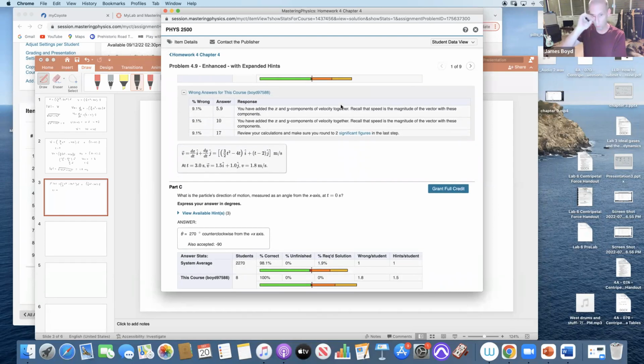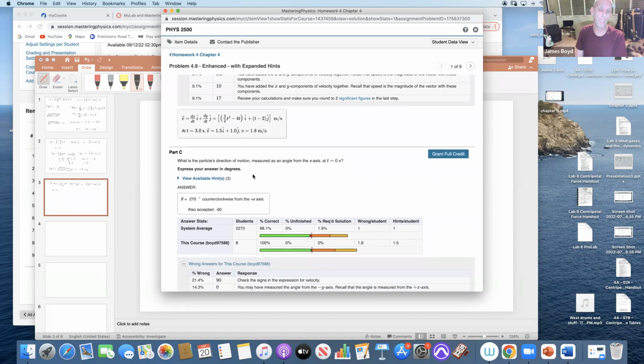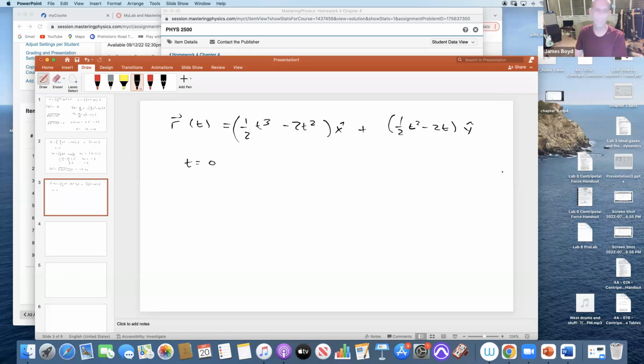Now, are they actually considering that to be the velocity? What they want is the direction of the velocity. All right, so I'm dumb. It wasn't clear. They meant the direction of the velocity. And remember, the velocity when t was equal to 0 was 0 in the x hat and minus 2 in the y hat.